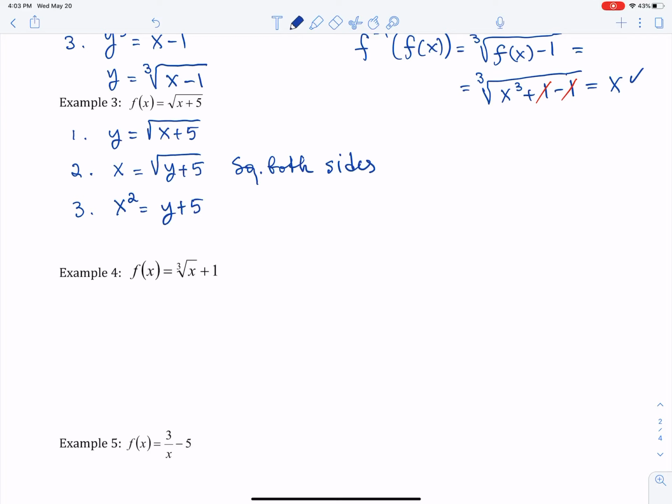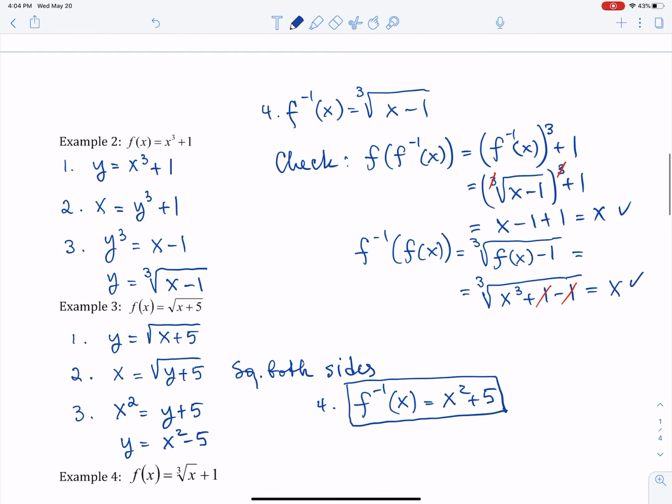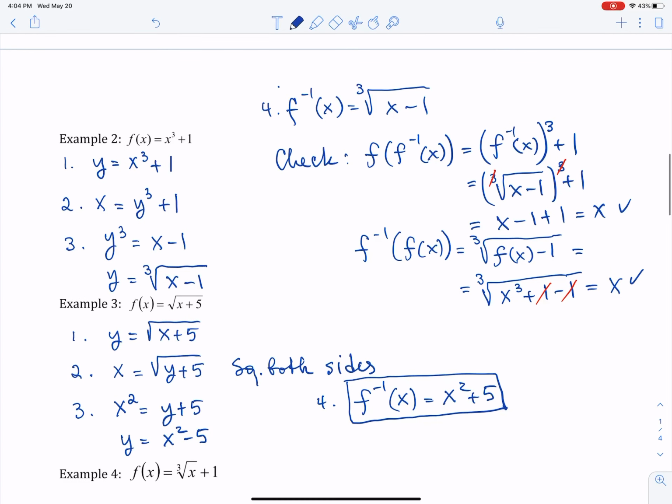Solve for y. y is equal to x squared minus 5. And as step 4, I'm going to write in inverse notation. Inverse of f is equal to x squared minus 5. I'm going to circle my answer. Something that I forgot on the previous example, so I'm going to circle my answer in the previous example also.